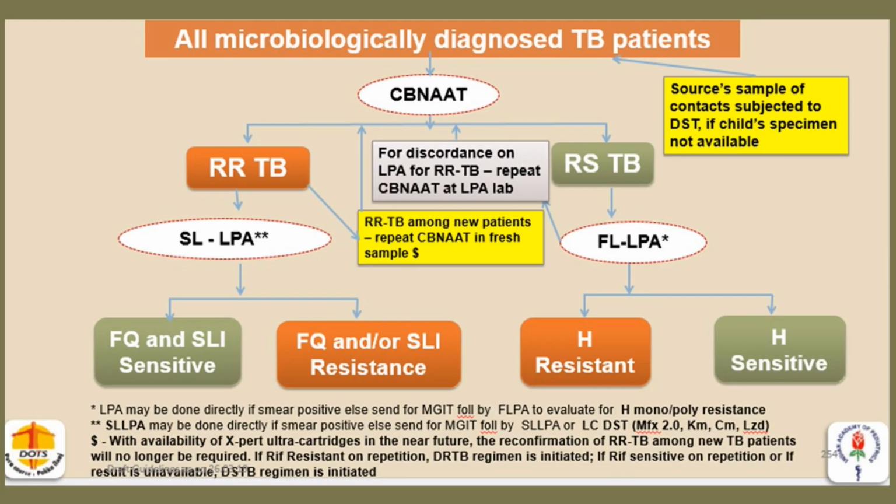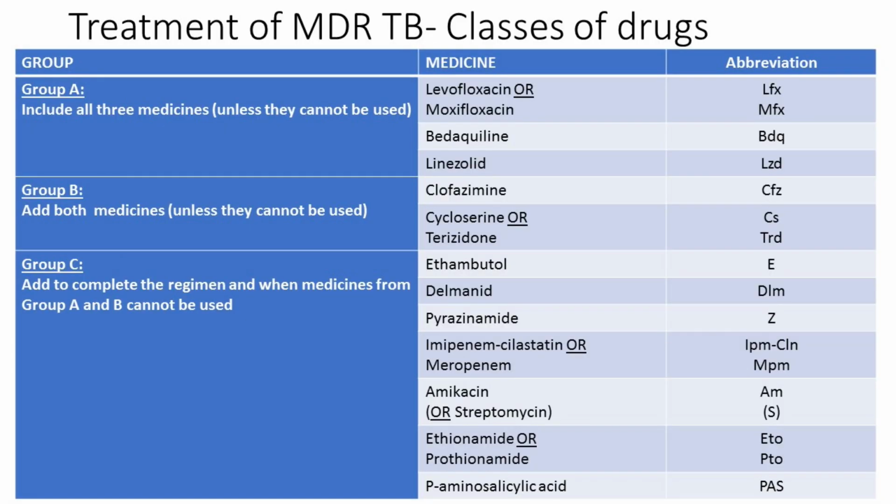I have already done this particular slide before, where we look at drug resistance depending on whether it is quinolone, MDR, pre-XDR, XDR, or H mono resistance. Next slide. The grouping of the drugs for MDR TB has changed.